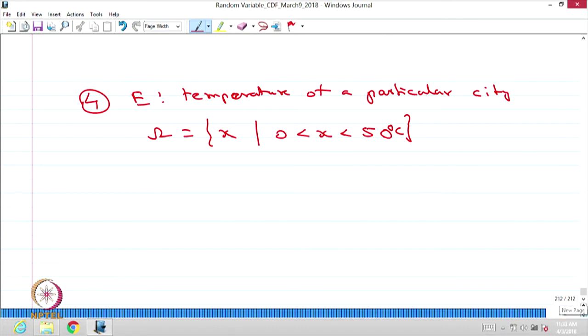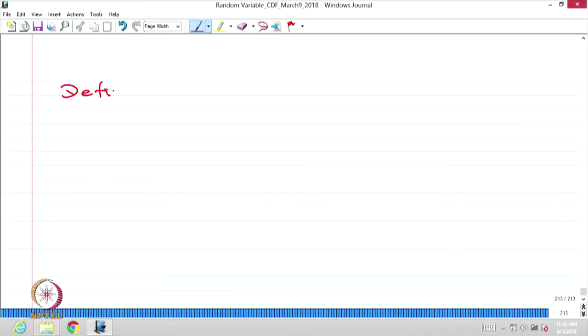Now we will move to the next definition, called a sigma field, or another name, sigma algebra.